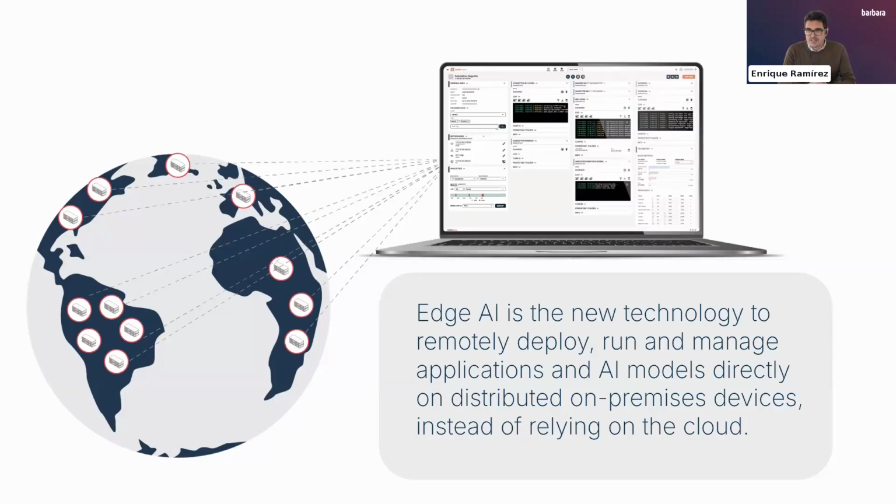Now Edge AI technology allows you to move these applications and models from the cloud to the edge. And the question here is, why should I do that? What are the reasons why my company should be interested in running all these workloads on the edge?